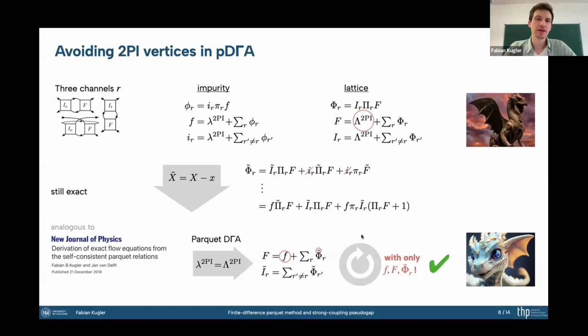I want to point out the computational time. The beta equation now has 4 terms. So in principle, evaluating the right-hand side takes more time because you have to compute 4 summations. So that's the price to pay. You avoid 2 PI objects, but you have to compute more summations on the right-hand side. So that's a balance to choose.